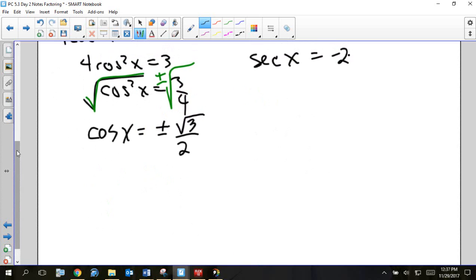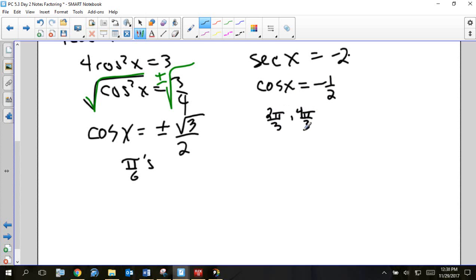Pretty sure I did. Okay, so now where is cosine positive or negative radical 3 over 2? At all those pi over 6. And then where is secant -2? And if you don't have your secants memorized, change it to cosine. Where is cosine -1/2? 2 pi over 3 and 4 pi over 3.